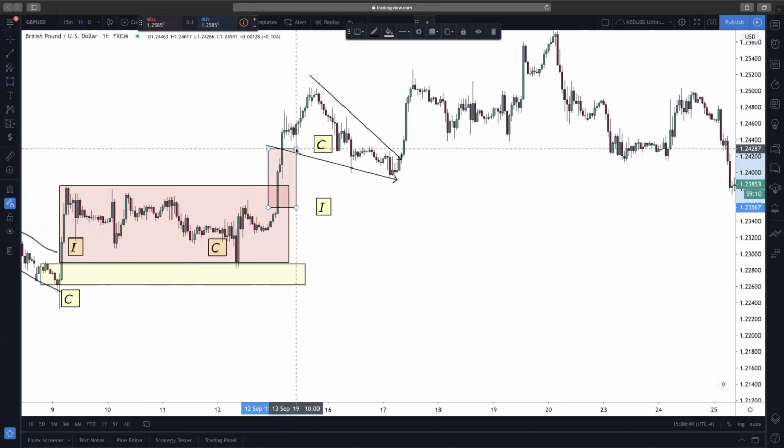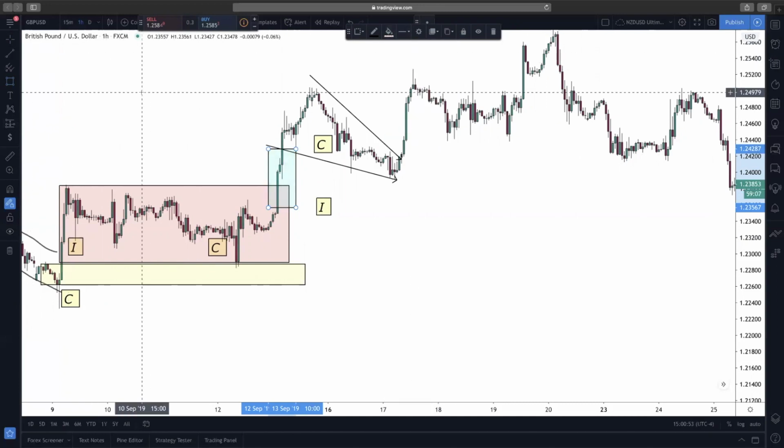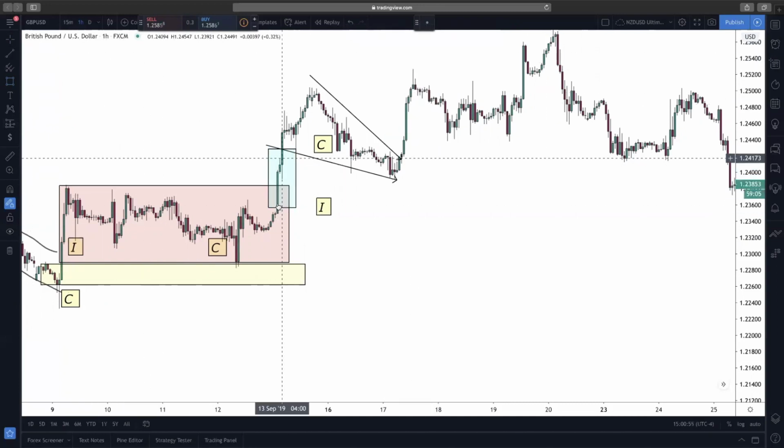And once we broke out of that, right here, this is what's called inefficient price action because there's an inefficient amount of Great British pounds because on the way up, that's GBP, and the way down is dollar. So here we have Great Britain pounds, right, that are not being equally distributed with dollars.